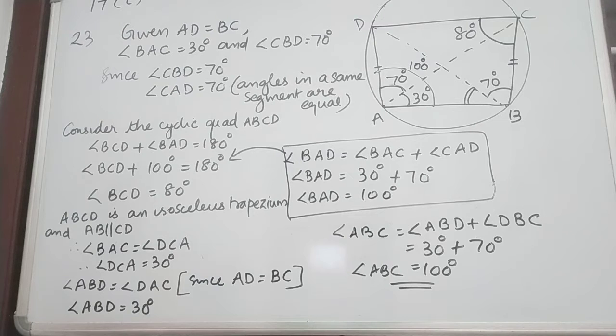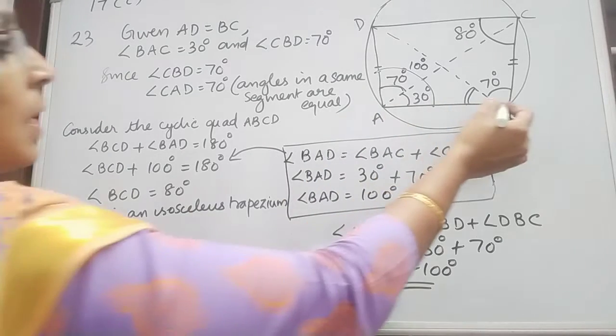Then consider that cyclic quadrilateral. AD is equal to BC, so it is an isosceles trapezium. AB is parallel to CD also. So AB is parallel to CD means BAC will be equal to DCA.